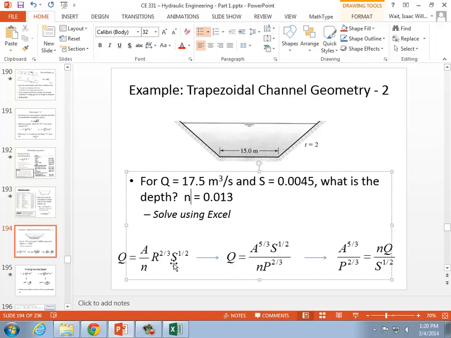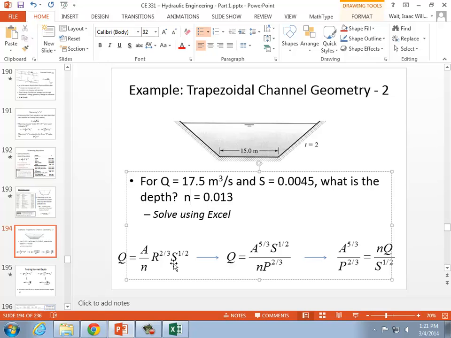Okay, so it was 15 plus 2 times Y, 0.407, times Y, 0.407, and that is to the 5/3 power. And then the width, 15 meters, plus 2 times Y, 0.407, times W, which was 2.2361.